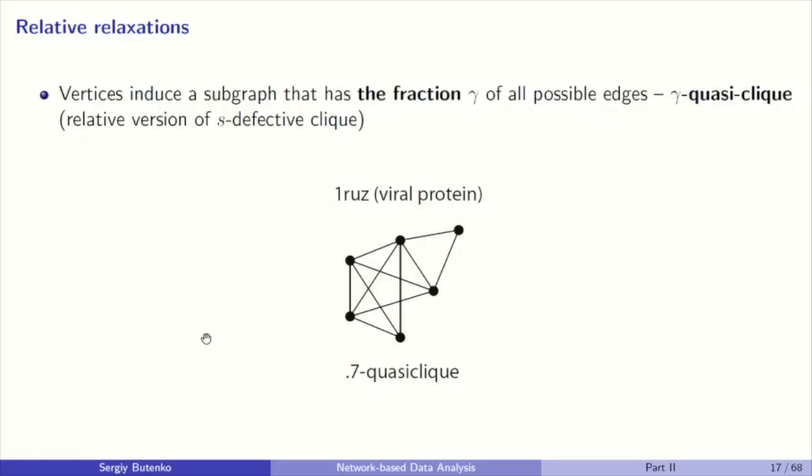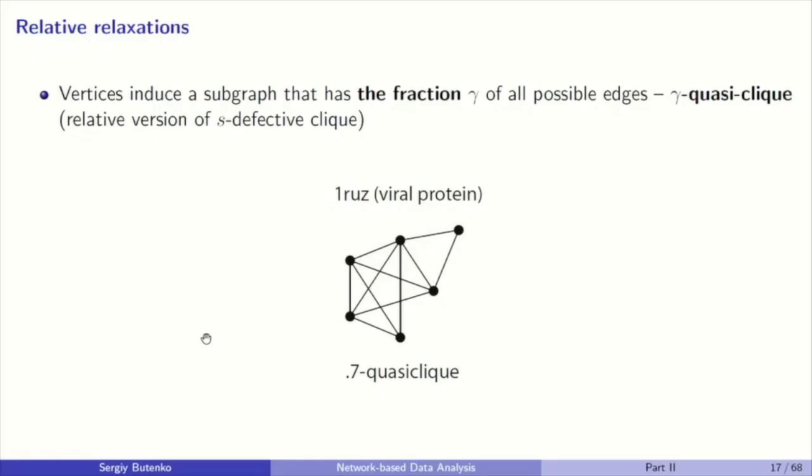Quasi-clique is something that you can think of as a relative version of S-defective clique. In S-defective clique, you have the number of missing edges that you allow in absolute terms, right? So S, and here you allow missing edges, but in relative terms.